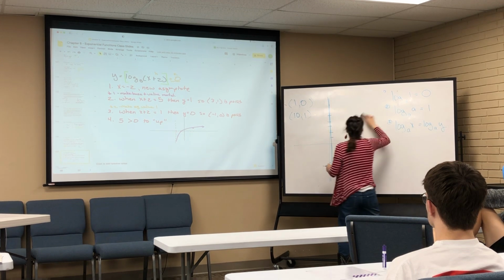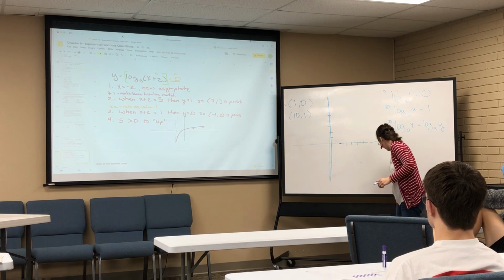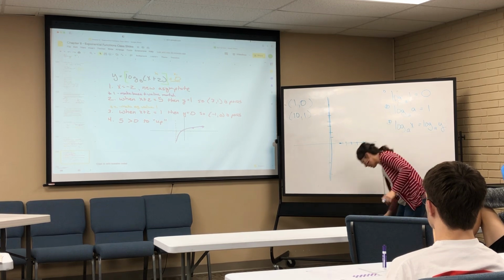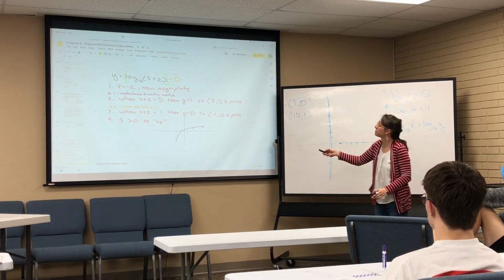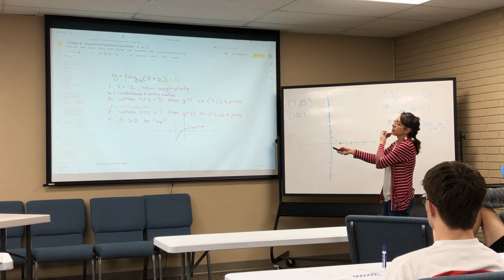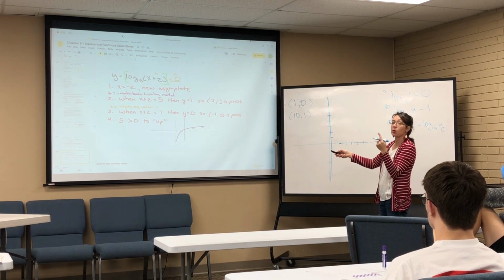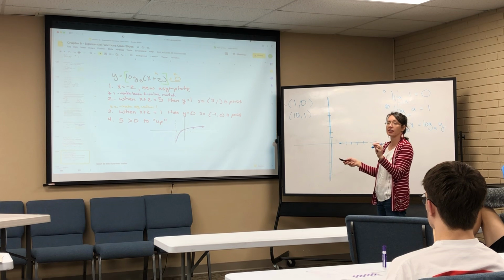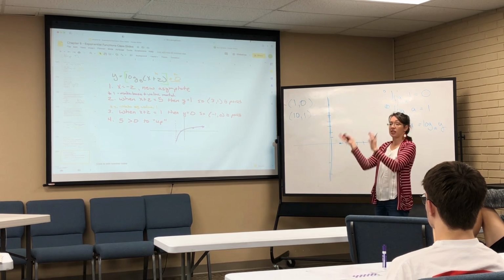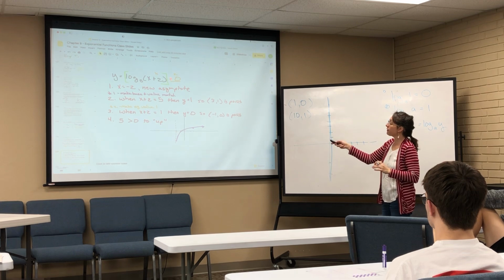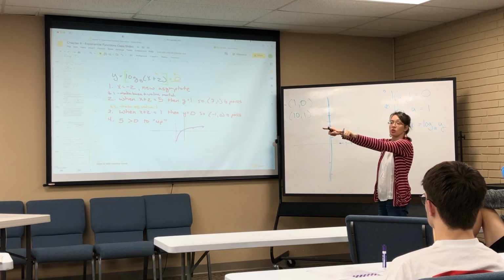When there is a parentheses and it is added, we now know that our graph is shifted by what? Is it always the same number or the opposite with an h? The opposite, right? Because we've set it equal to 0. So this graph is now shifted where? -2. Right?